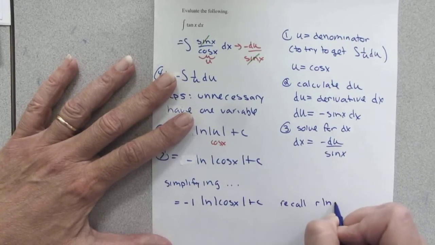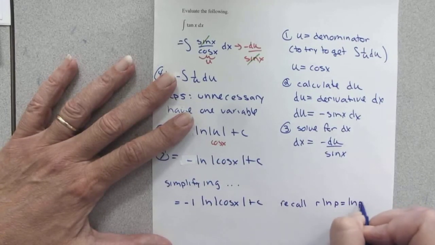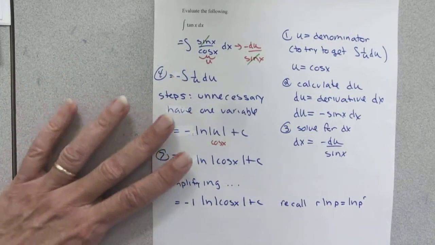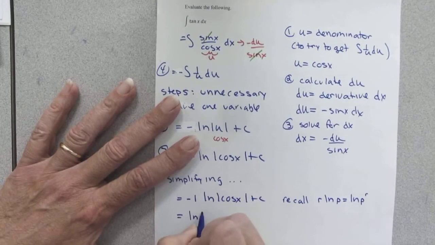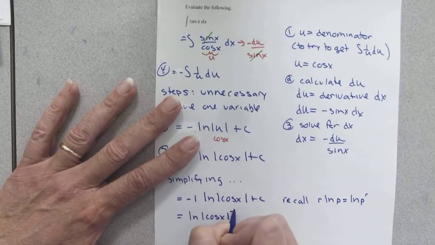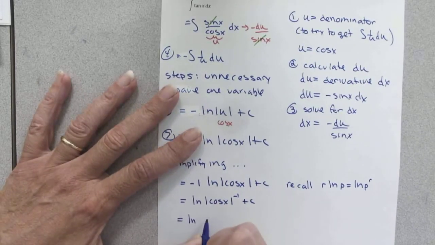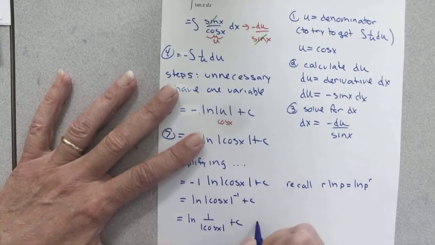Recall r natural log of p is natural log of p to the r. That coefficient can come up and become an exponent. So that's natural log of the absolute value of cosine to the negative 1 plus c. Well, that would be the natural log of 1 over the absolute value of cosine plus c.